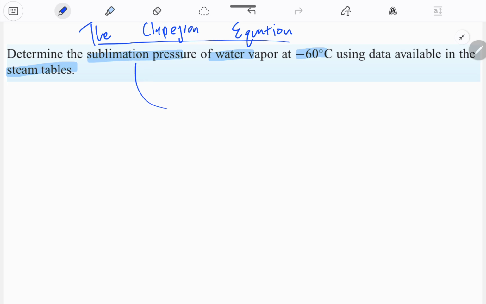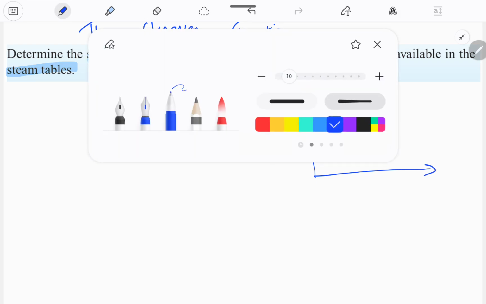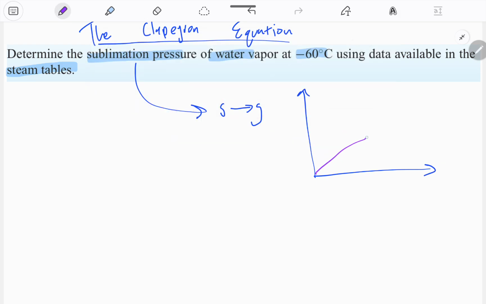So sublimation is literally moving from solid to gas directly. That's the definition. Let me show you what this problem is actually doing. Remember your phase diagram.